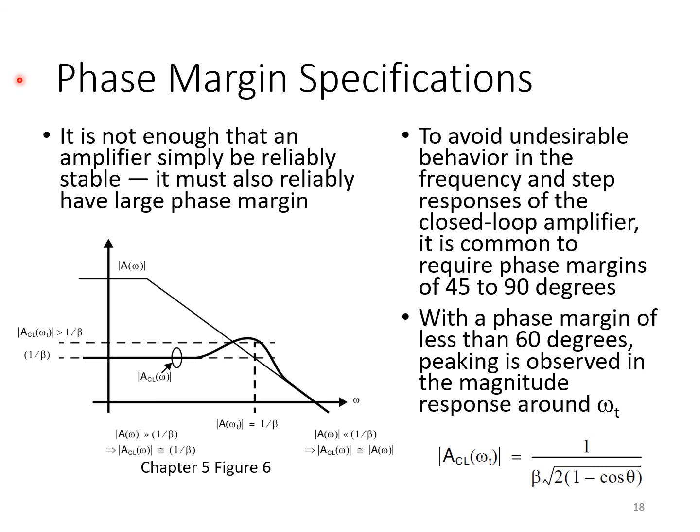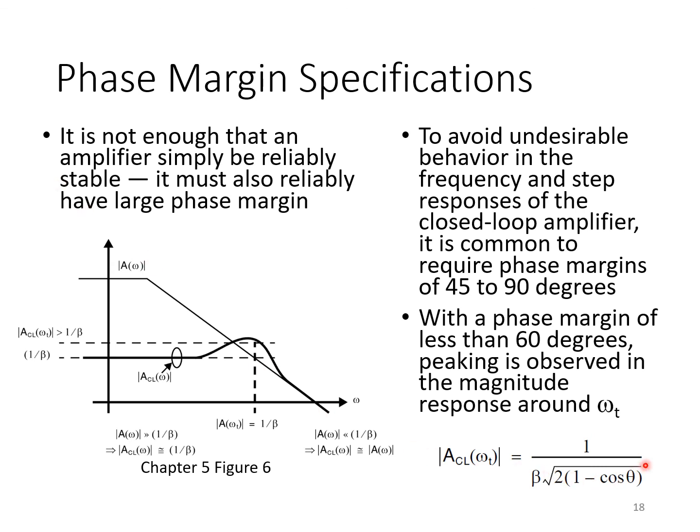A phase margin considerably more than 5 degrees is absolutely required in most cases, just to ensure that the amplifier behaves in an acceptable manner. So it's not enough that an amplifier simply be reliably stable. It must, in general, also reliably have a relatively large phase margin.